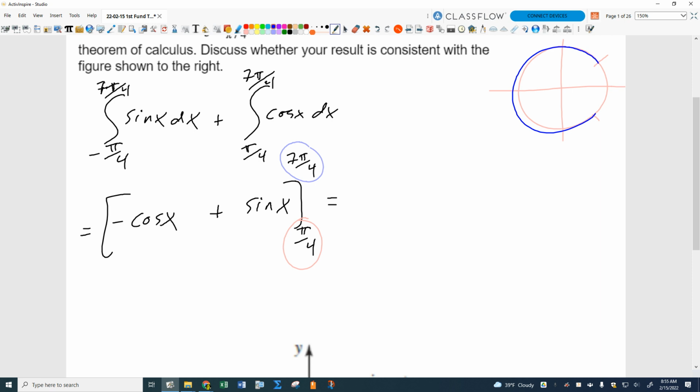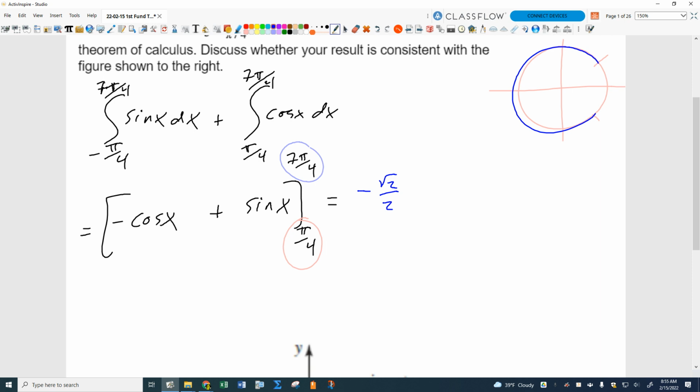But I've got a negative attached to that, so we're going to get negative square root of 2 over 2, and then the sine at 7/4 pi. Positive or negative? Negative, right?